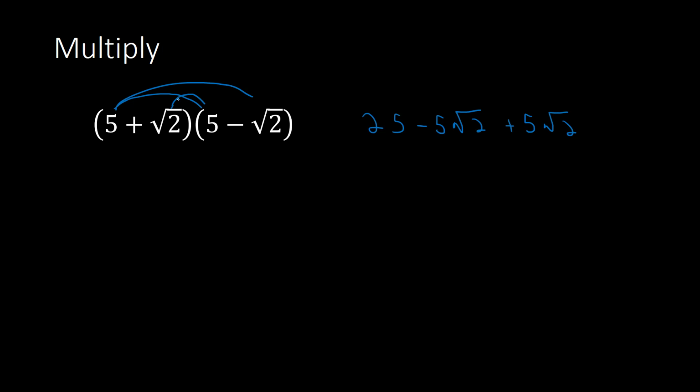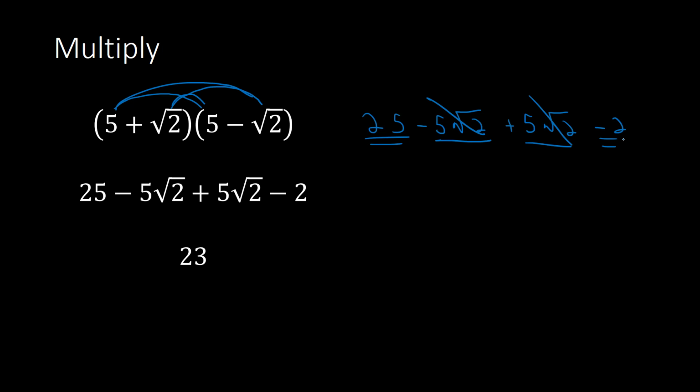And then the square root of 2 times a negative square root of 2 would give you a negative, and square root of 2 times the square root of 2 would be the square root of 4, which would be 2. Now notice these two terms right here. Those can combine, and those would actually cancel each other. You have one negative, one positive, and they'd cancel. 25 minus 2 would give you 23. So my solution to this would be 23.